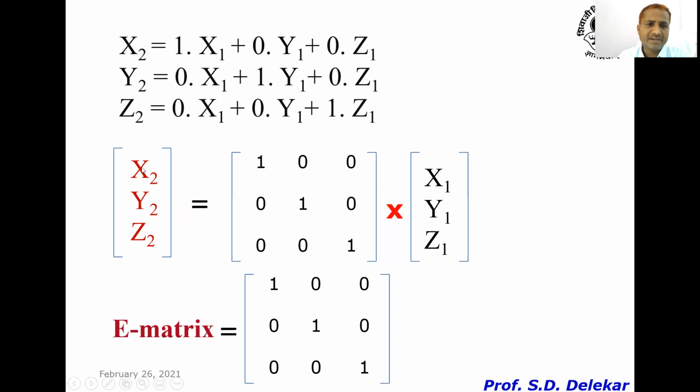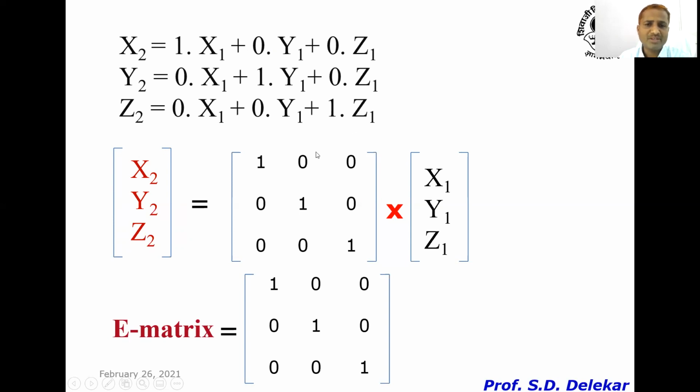When you simplify the multiplication of these two matrices, you get these three equations at the end. So the equations are written in the form of these matrices.